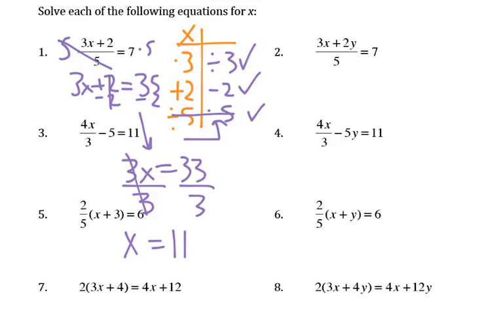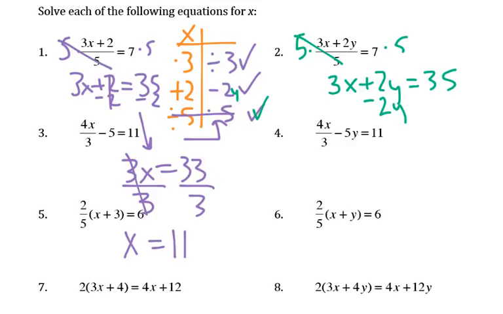Now on the right side, we follow that same step. First I times by 5 to both sides. Those become 1, get eliminated: 3x plus 2y equals 35. Now I subtract 2y. We don't know what 2y is, so I subtract 2y.